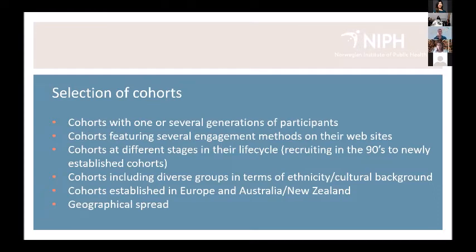We were interested in cohorts including diverse groups in terms of ethnicity and cultural background. Our primary area of interest is cohorts in Europe, but we are also open to inviting cohorts from Australia or New Zealand. And we were very much interested in having a geographical spread across Europe.